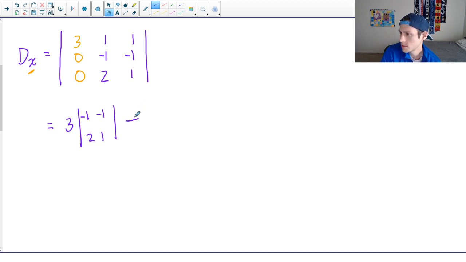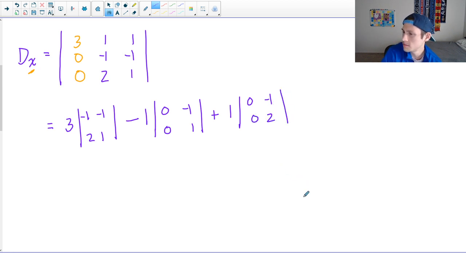Minus, because the determinant formula says minus, then I move over positive 1 times the determinant of, so if I get rid of this column and this row, 0, negative 1, 0, 1, plus positive 1, and if I imagine that I get rid of that row and that column, I'd have these 4 values, 0, negative 1, 0, 2.